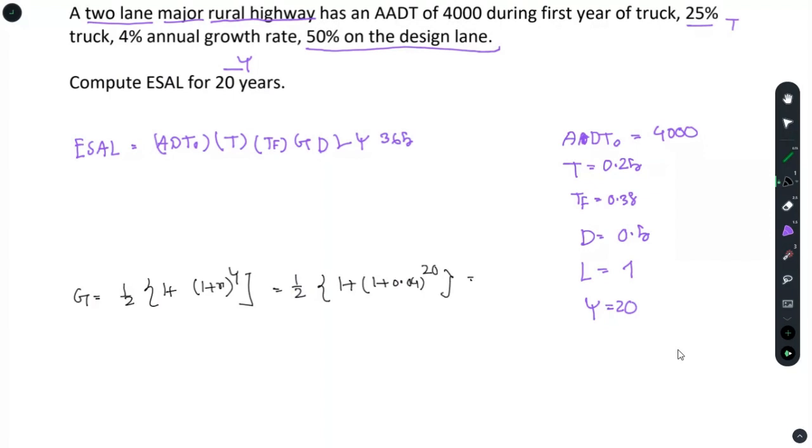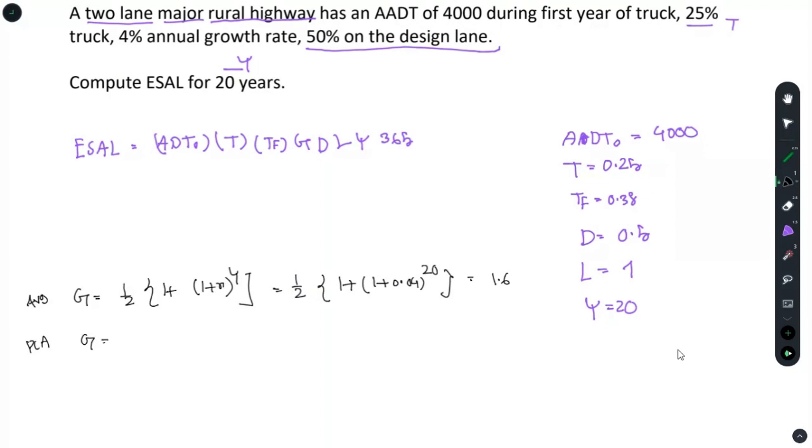From that I'll get a G value of 1.6. That was for the average method.